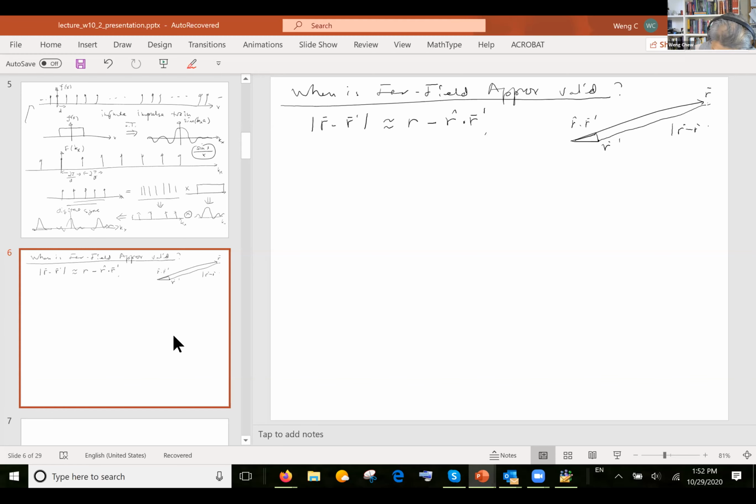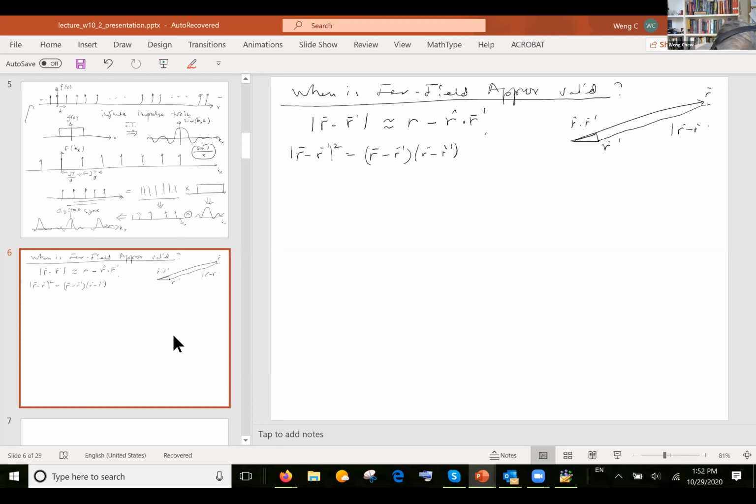You can use this parallax argument, but this approximation can also be gotten using algebra. So maybe I can show you the algebra method. What you can show is that r minus r prime squared is just r minus r prime times r minus r prime.